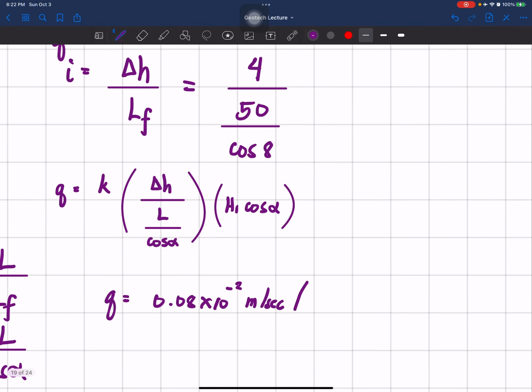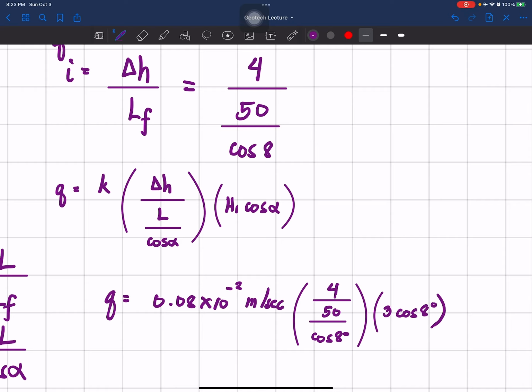multiplied by 4 all over 50 all over cosine alpha, or 8 degrees, multiplied by, what is our H1? That is 3. And then cosine of 8 degrees.